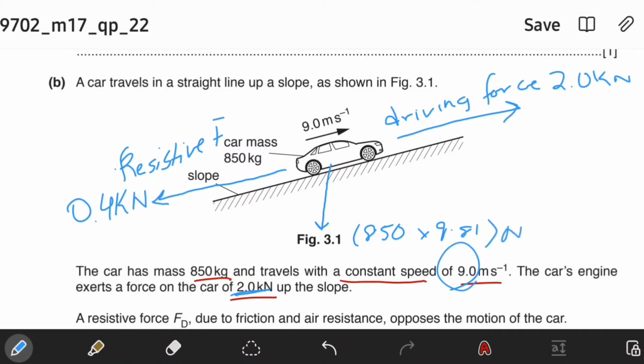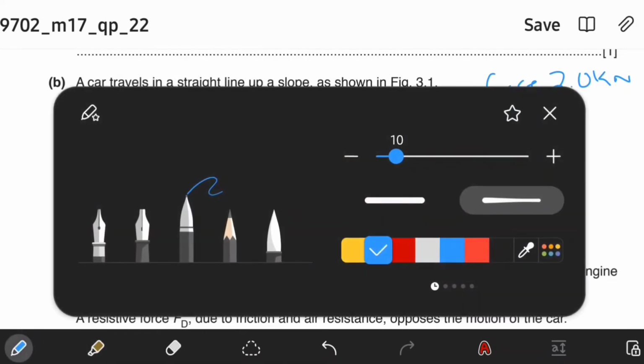Now what they're asking for is this. How can we find this out? Since this weight acting down the slope is in the same direction as resistive force, let's form an equation.